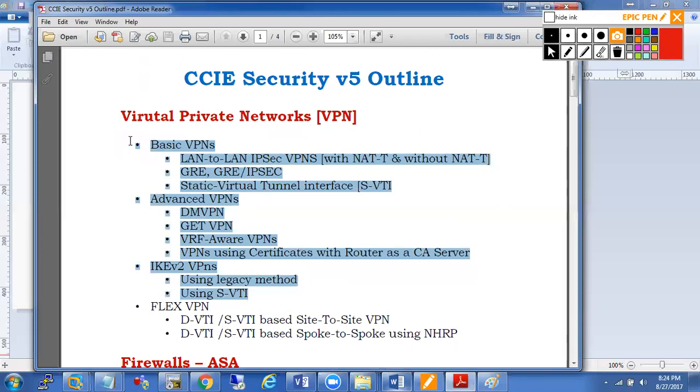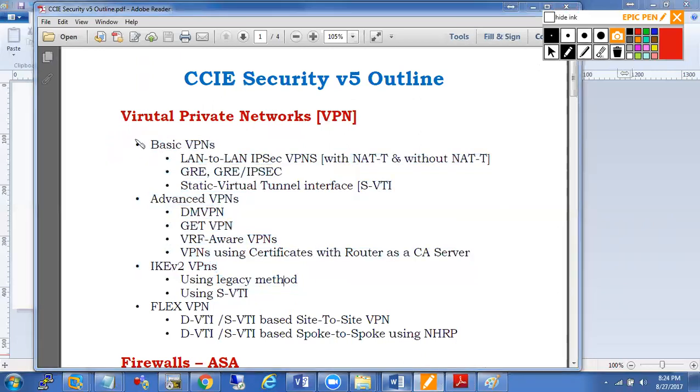IPsec will form the foundation for FlexVPN, but that we'll do next week. So at this point, we are done with this portion. Next, we'll finish up FlexVPN next weekend and get into firewalls.